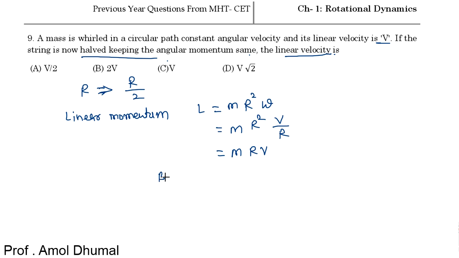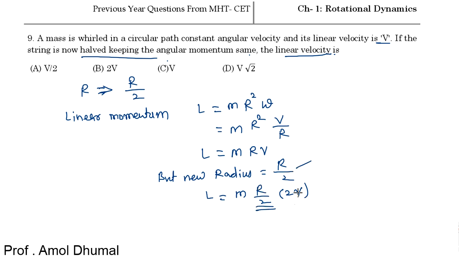But the new radius is equal to r by 2. So L is equal to m r by 2 into 2v, because we have to keep the angular momentum same. So we have divided this equation by 2 and again multiplied by 2. So r by 2 is the new radius which satisfies our condition, and 2v is the new velocity. So new velocity is 2 into v.